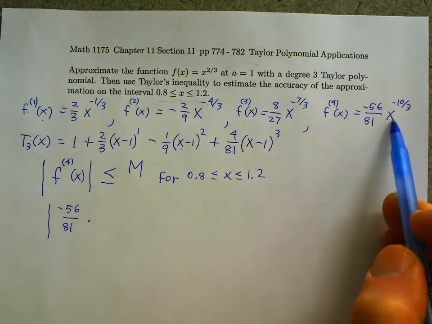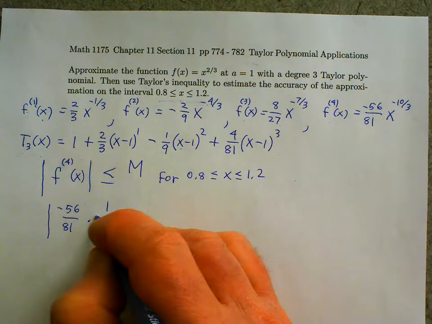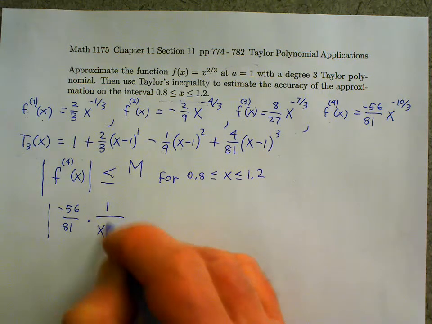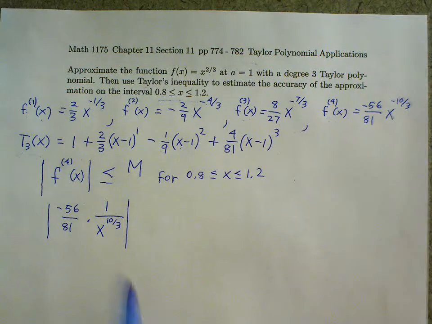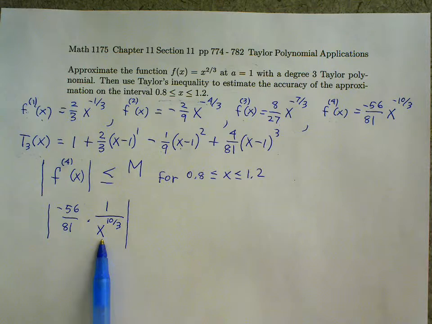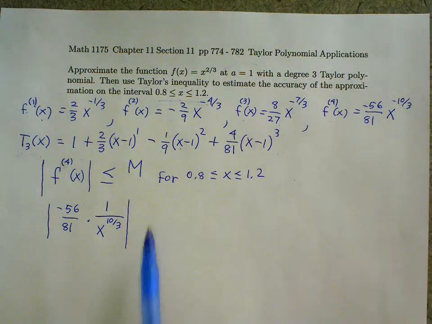And instead of writing x to the negative 10/3, I'm going to write that as 1/x to the positive 10/3. And then for x values that come from this interval from 0.8 to 1.2, what's the maximum possible value for that?